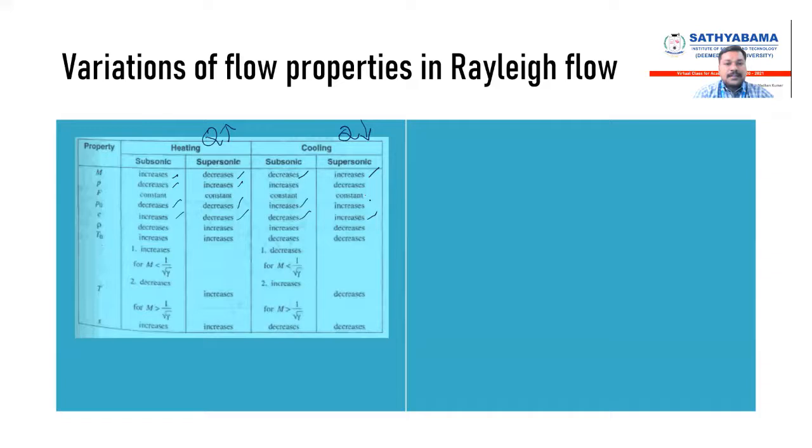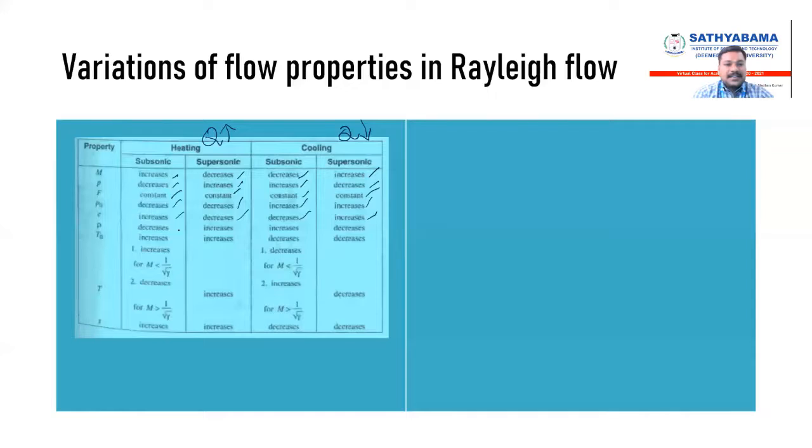During cooling, your stagnation pressure increases in both. And your static pressure increases in subsonic flow during cooling, and decreases in supersonic flow. You know that F is nothing but impulse. Impulse is constant in both the heat addition process and the heat removal process.